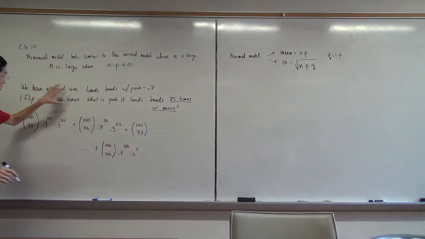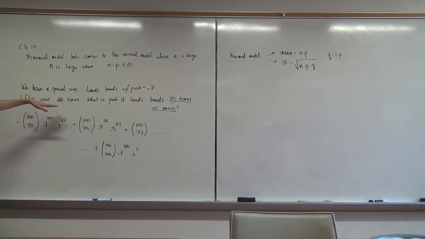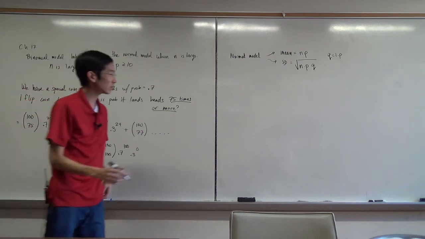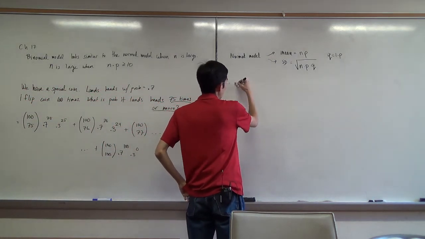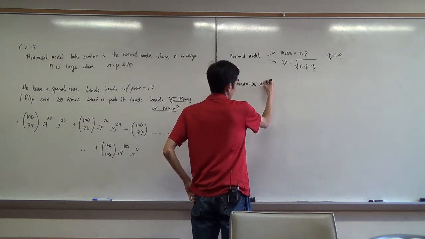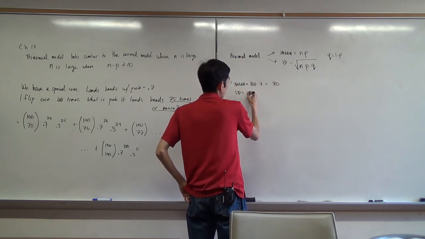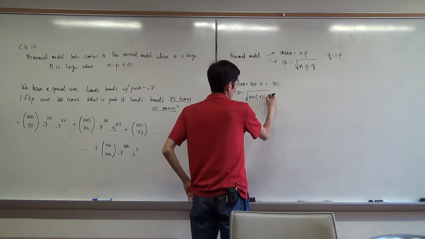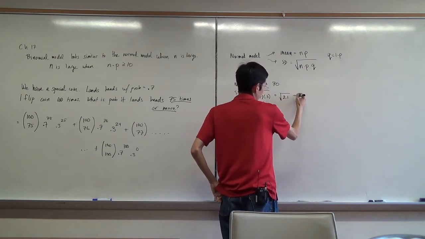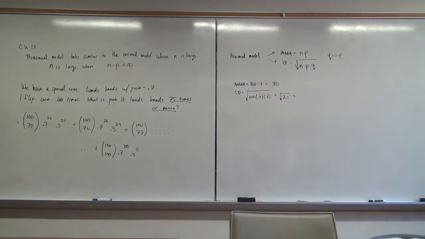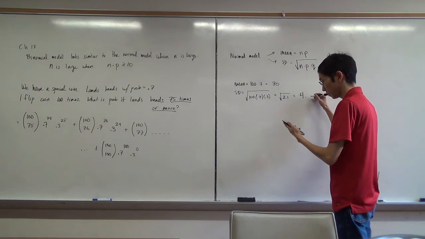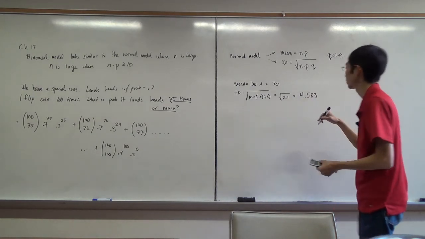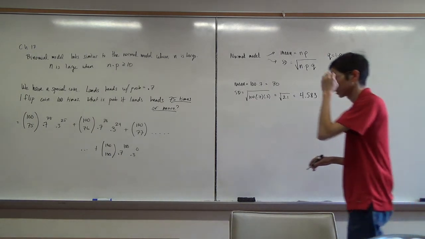And so I can approximate this question, what's the probability that it lands 75 times or more, with a normal model where the mean is equal to 100 times 0.7, which is 70, and the standard deviation is equal to the square root of 100 times 0.7 times 0.3, the square root of 21, which is 4.583.